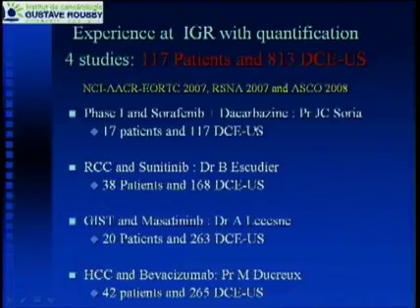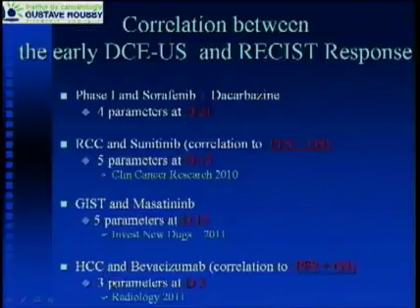So we decided to evaluate sorafenib, sunitinib, masitinib, and bevacizumab in 4 different tumors. So phase 1, this is a lot of different patients, but also in renal cell carcinoma, in GIST and hepatocellular carcinoma. And concerning the results, we understood we never had 7 parameters, but 3 to 5 parameters.